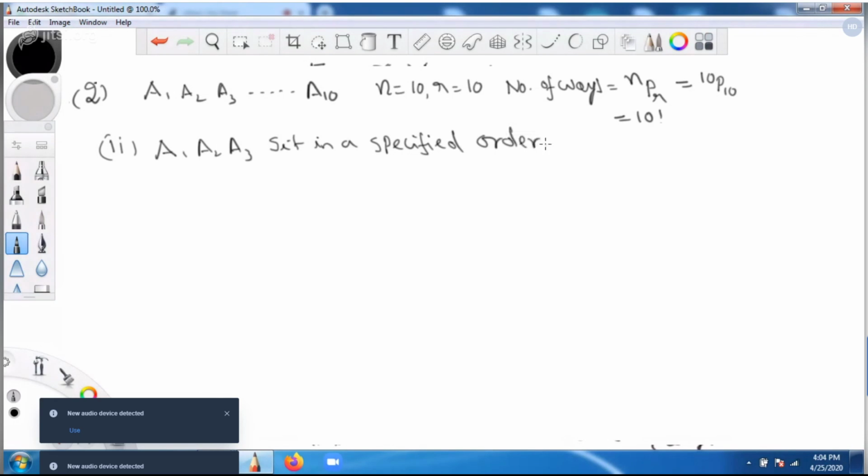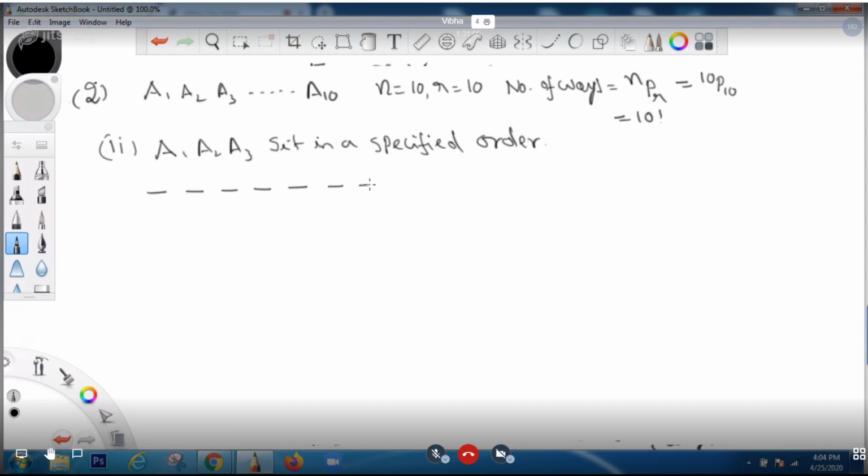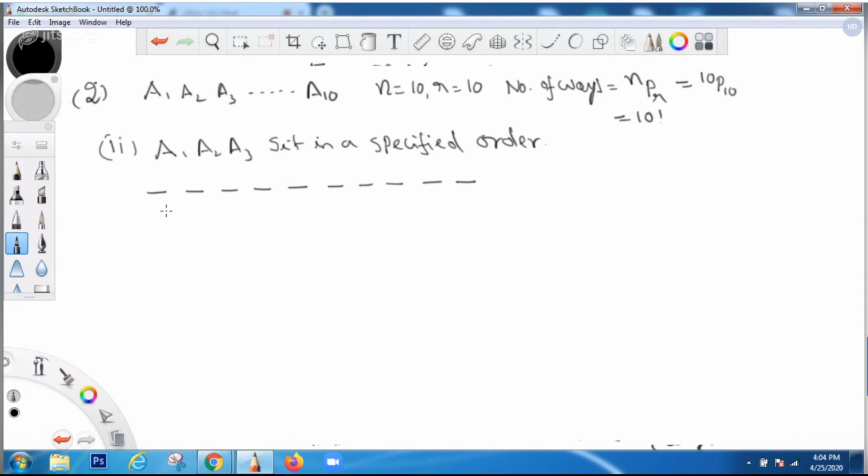That means let us consider there are 10 places: 1, 2, 3, 4, 5, 6, 7, 8, 9, 10. A1, A2, A3.